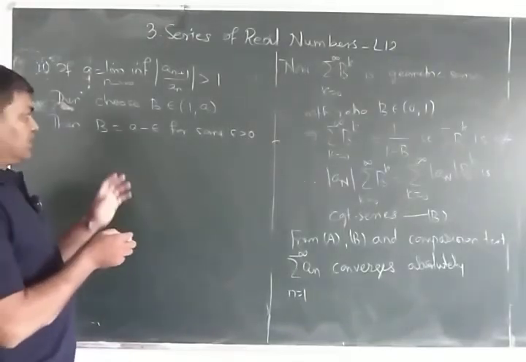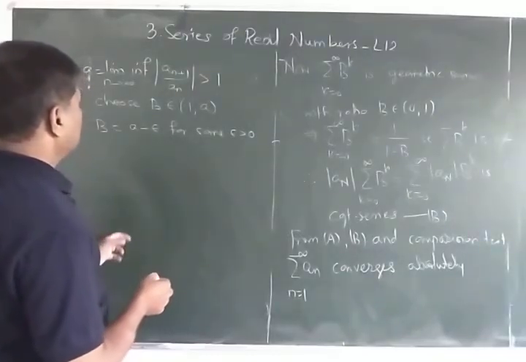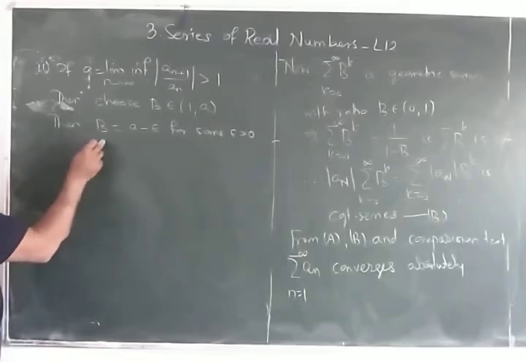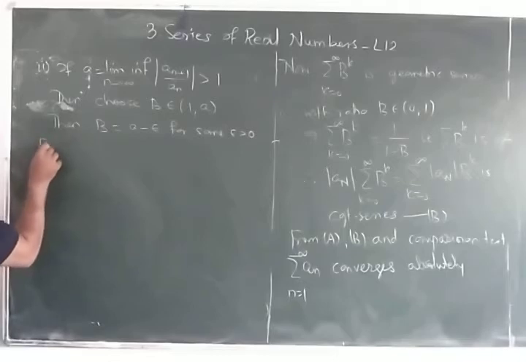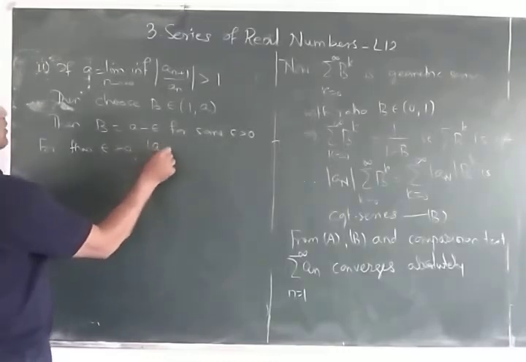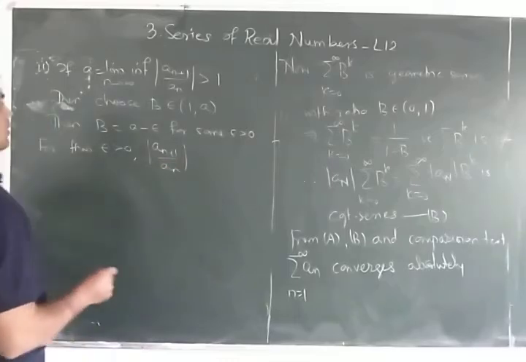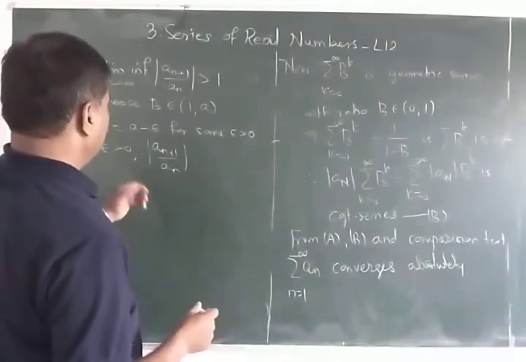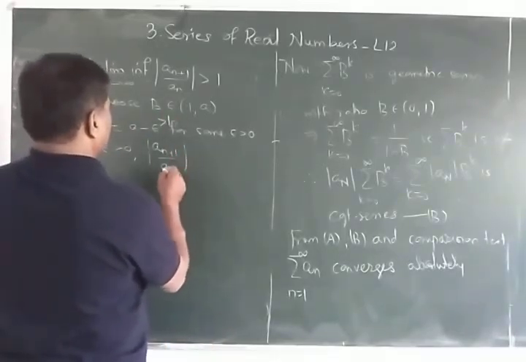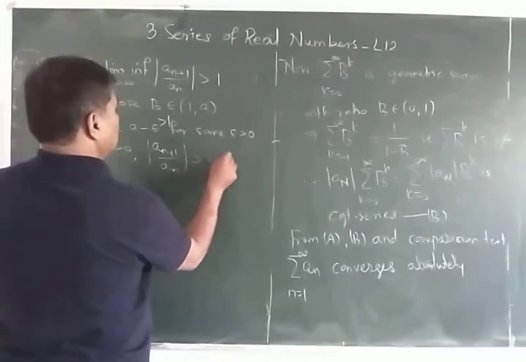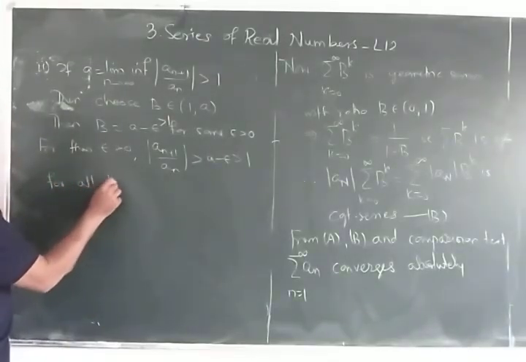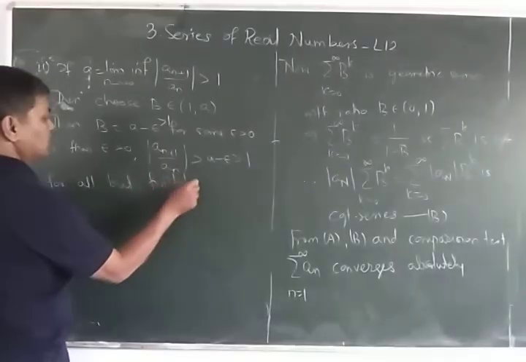Now we know the result that for this epsilon greater than 0, mod of a_(n+1) upon a_n is greater than B, and this is also greater than 1, that is, greater than a minus epsilon greater than 1, for all but finitely many n's.